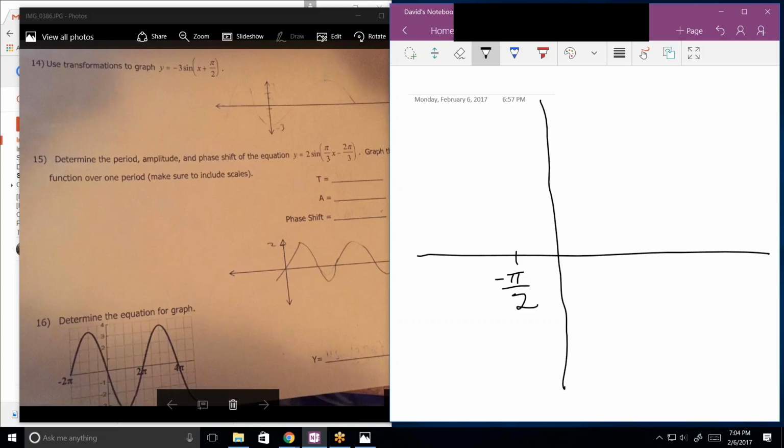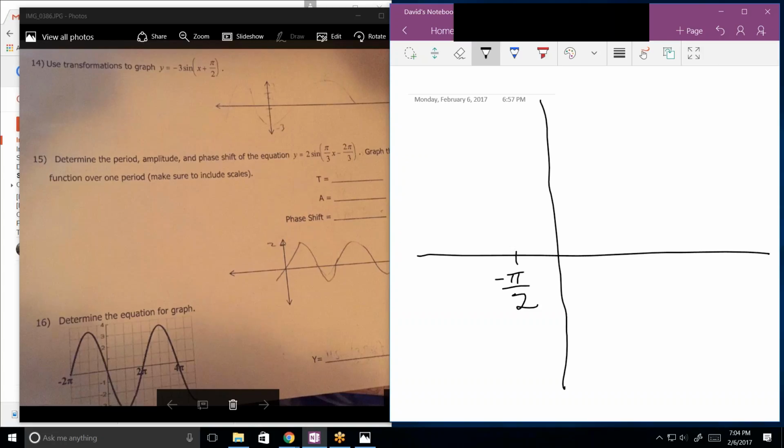What's my period of this function? Is it 2 pi? Because b is 1. Yeah. In other words, if there was a number in front of that parentheses or in front of the x, it makes a world of difference. Notice the next problem has a number in front of the x, which means the phase shift is not 2 pi over 3 on 15.